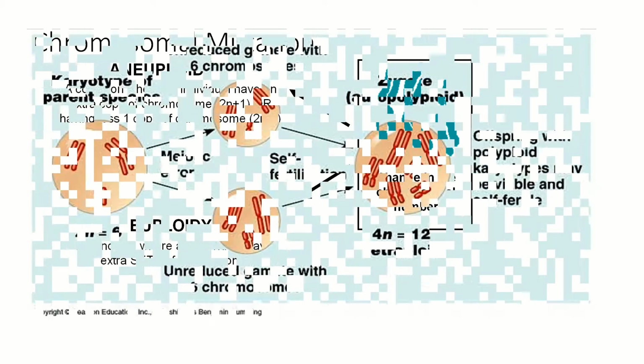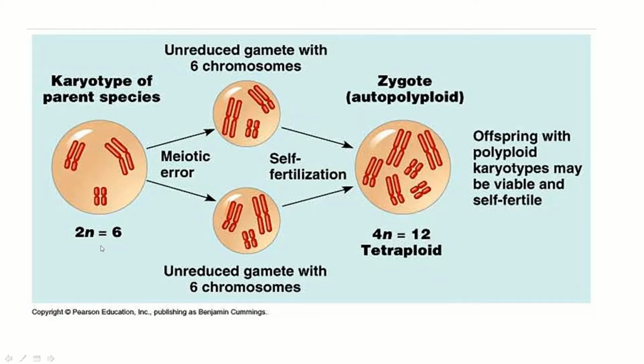Like this individual, who is just like us, a diploid individual. What is meant by diploid is that for each kind of chromosome, and there are 3 kinds here: big, medium, and small, there are 2 sets or 2 copies, so 2 big, 2 medium, 2 small. But for this individual, although there are still 3 kinds of chromosome, for each kind there are 4 sets or 4 copies.